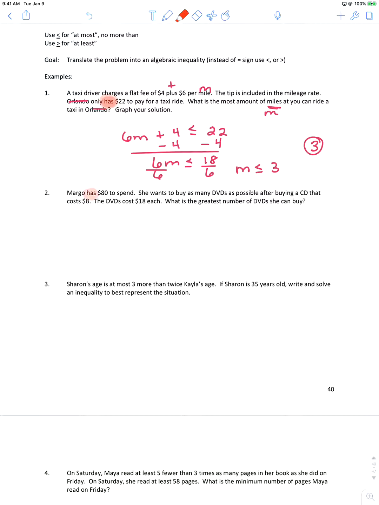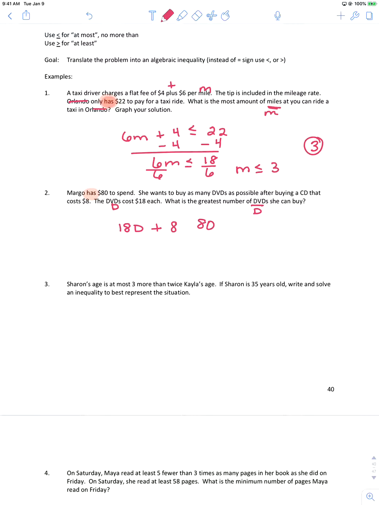Number 2 has $80 to spend. What is the greatest number of DVDs? That is what we're looking for. She wants to buy as many DVDs as possible after buying a CD that costs $8 and the DVDs cost $18. So 18 is going to go with the D plus your CD, which is 8.